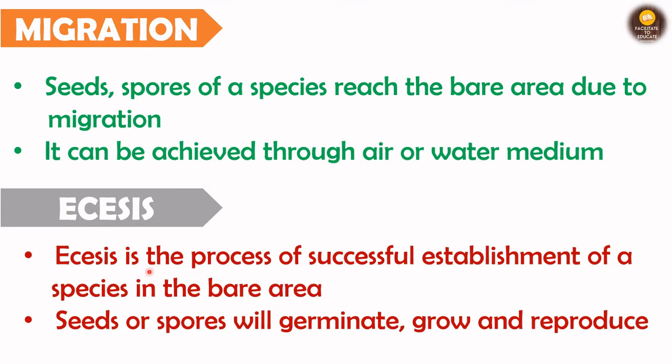Now, the second step is ecesis. It is the process of successful establishment of a species in the bare area. What has happened in migration is that the species have reached the bare area. In ecesis, it will be successfully established in that area. It will germinate, it will grow, and it will also reproduce.